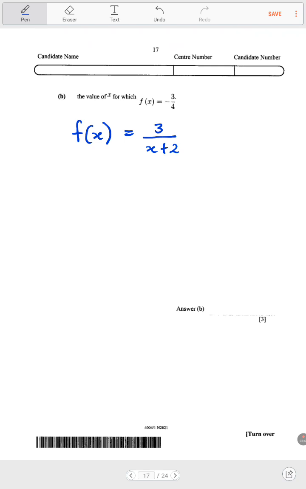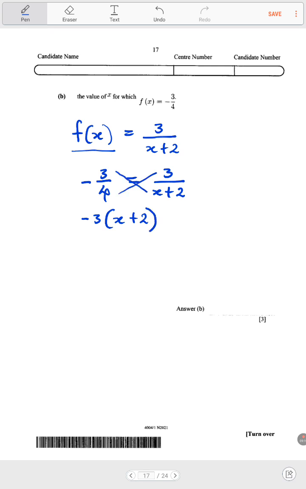So now they are saying this part here is equal to minus 3 over 4, like that. So now we can do cross multiplication here, and you take here the numerator to be minus 3 and you multiply it with this. So cross multiplication, we're saying this multiplies by that and that by that. So here it's going to be 3 times 4.